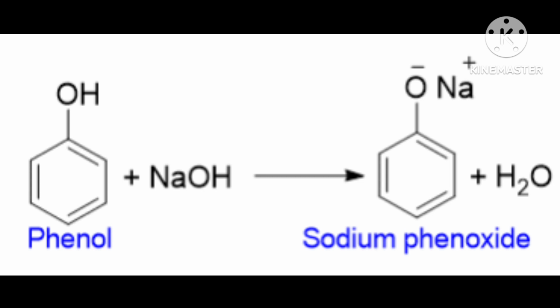If you use acidified potassium permanganate, then without converting to aldehyde, you directly get carboxylic acid. Remember this, a question is asked. This happens only in the presence of strong oxidizing agents.